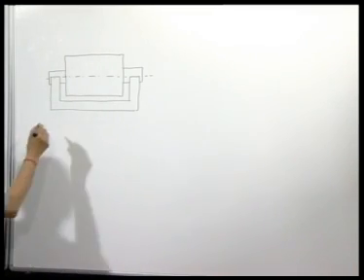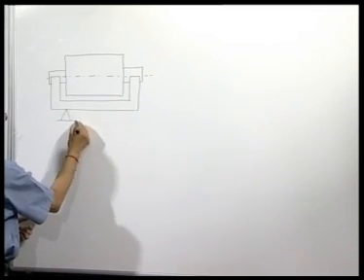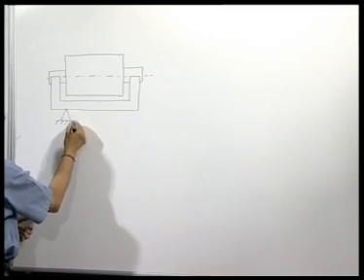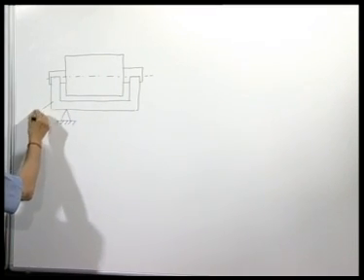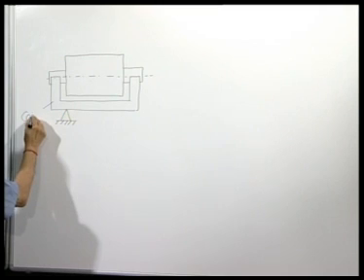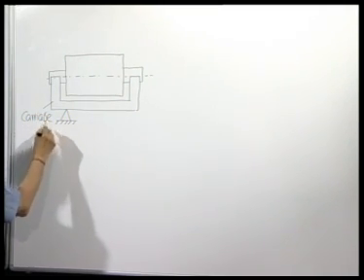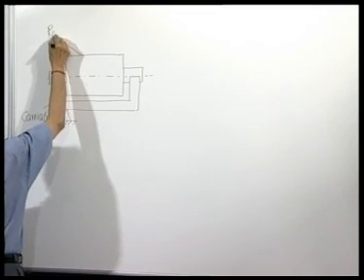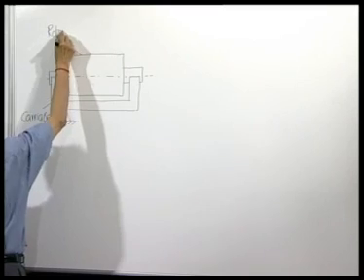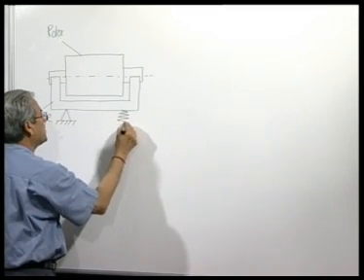Now, what do we do? We take a pivot to support one end of this carriage, and the other end is supported on a spring.